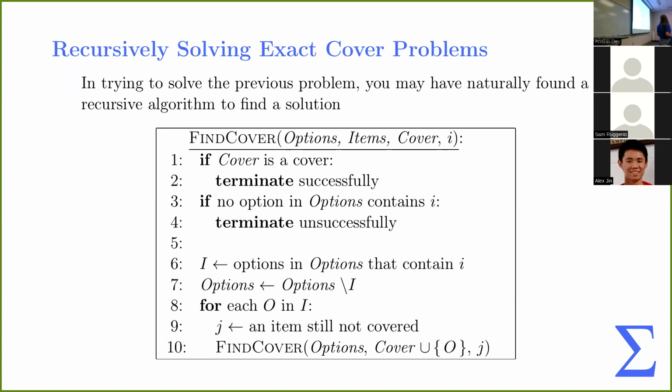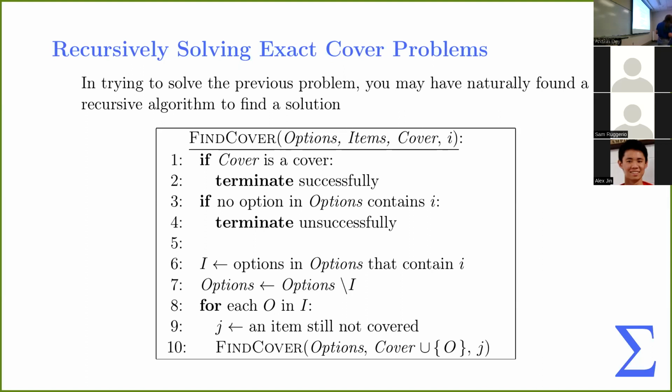We go through all of the items in that option and cover all of the items corresponding with that item. Basically, recursively we pick an option to try and cover I, and if it doesn't work, then you try the next one, and so on.